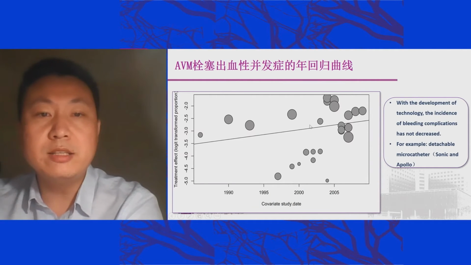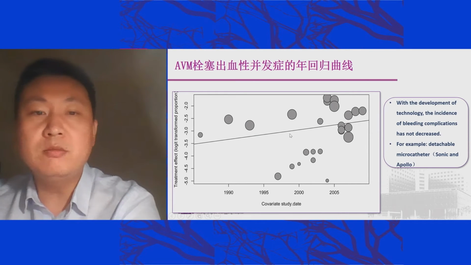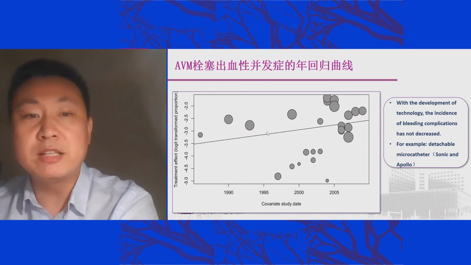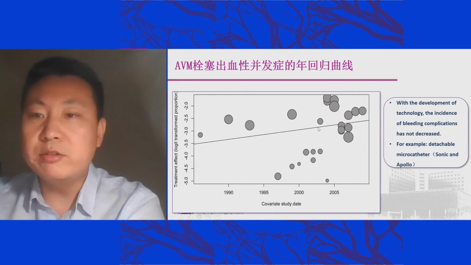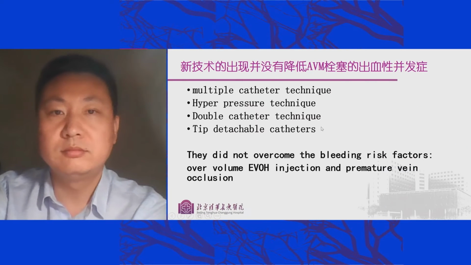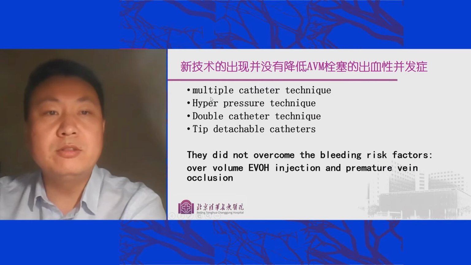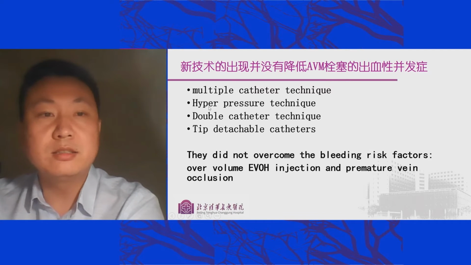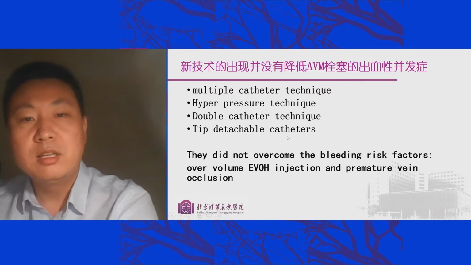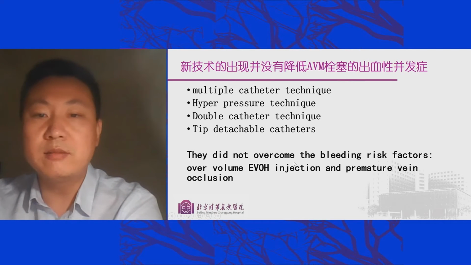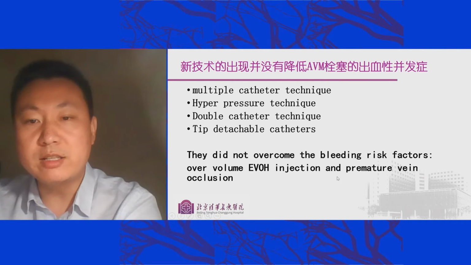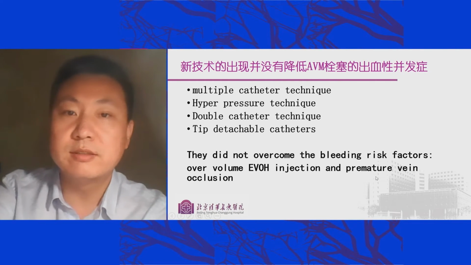With technique development, the bleeding complications associated with AVM embolization did not decrease. The new techniques, including the multiple catheter technique, hyperpressure technique, double catheter technique, and tip detachable catheters, did not overcome the bleeding risk factors: over-volume of Onyx injection and premature vein occlusion.